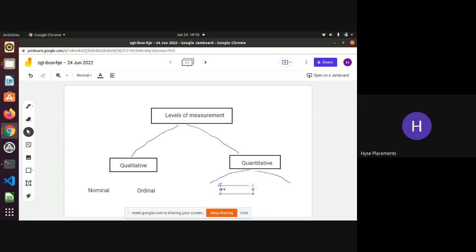One is interval, the other one is ratio. So levels of measurement is divided into two types, qualitative and quantitative. Qualitative is divided into nominal and ordinal, and quantitative is divided into interval and ratio.